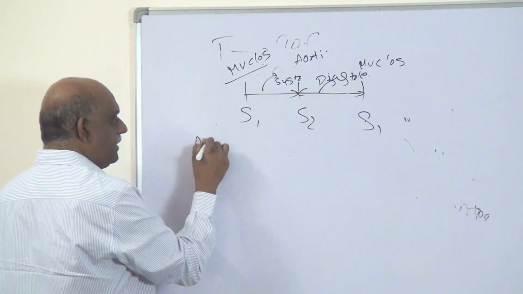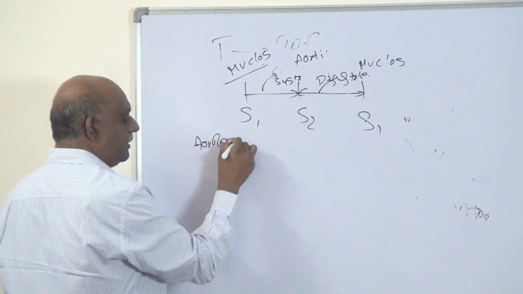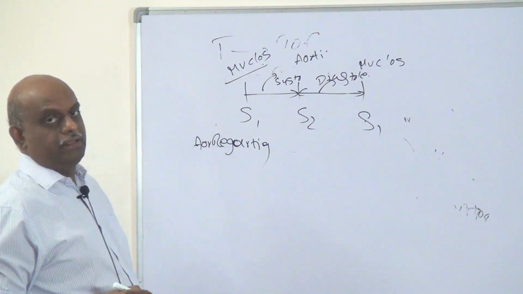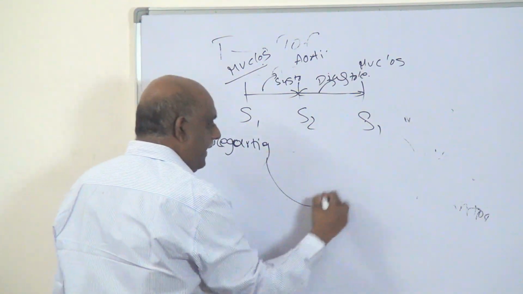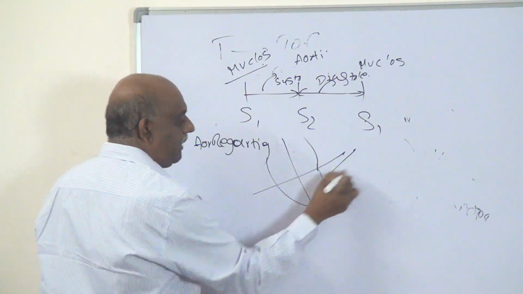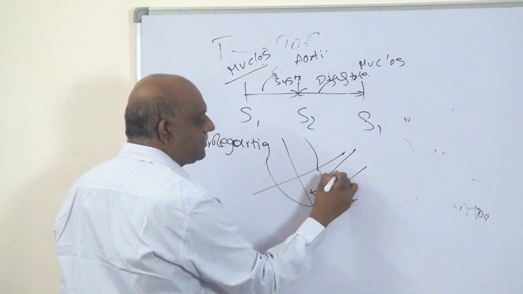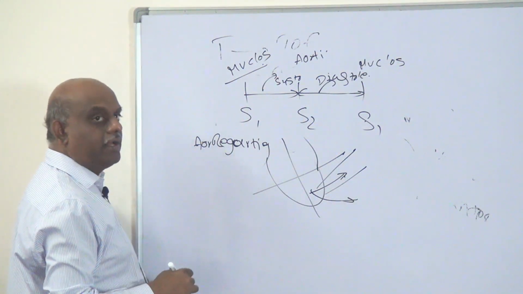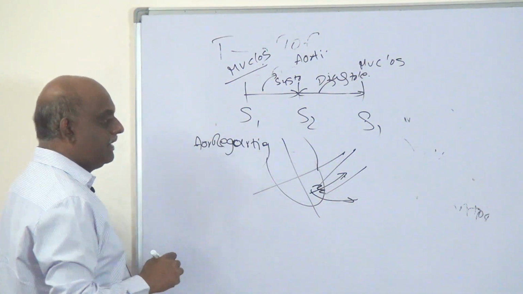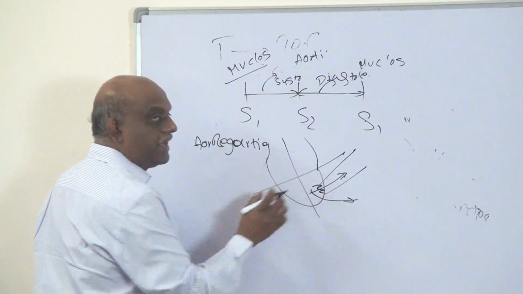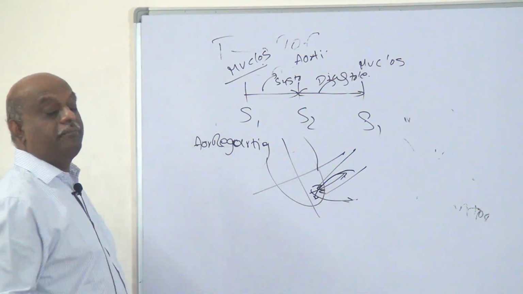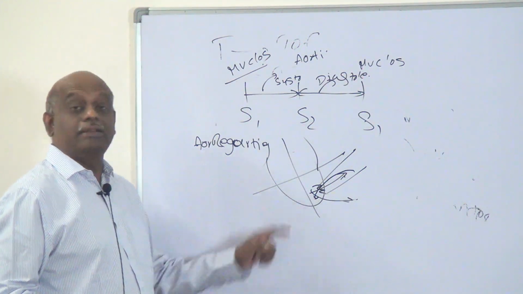So, aortic regurgitation, how do you listen to the sound? When is the regurgitation happening? After the left ventricle completed its systole and pushed the blood into the aorta, after the aortic valve closes, when the ventricle is starting its diastole, that is the time the blood in the aorta is gushing back into the ventricle.